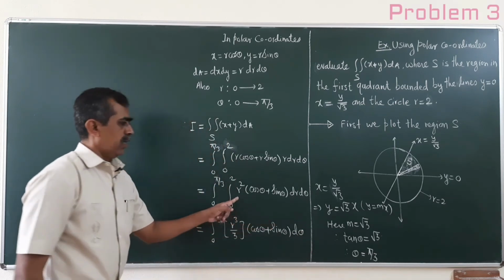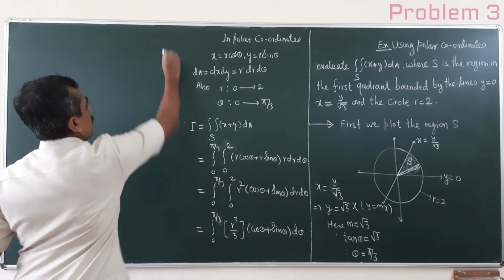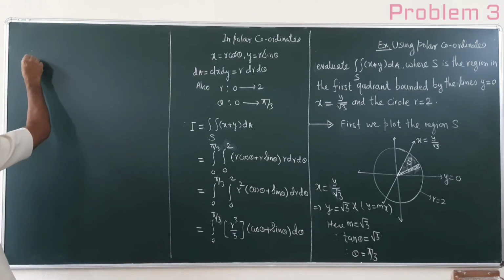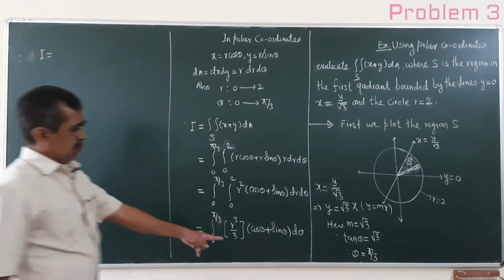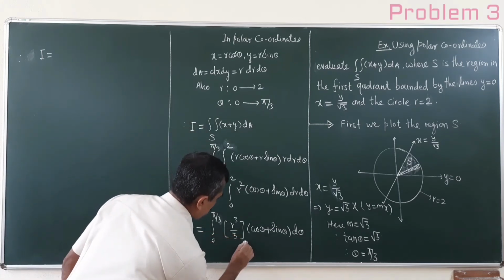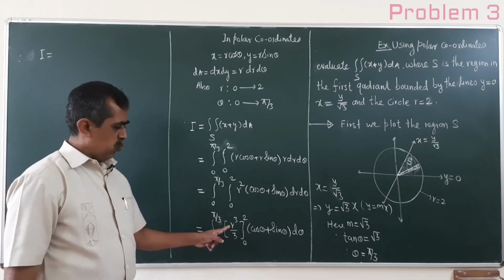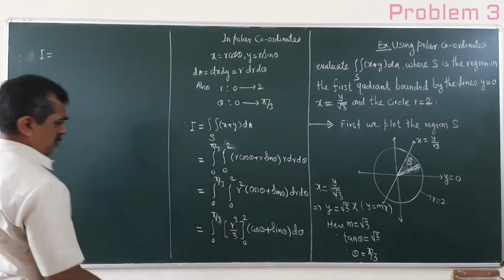I have taken the integral of r squared with respect to r first, so that is r cube by 3. Therefore I is equal to, now what are the limits of r? So 0 to 2. Now put the upper limit 2 cube, that is 8 by 3, and 0 by 3 is 0.